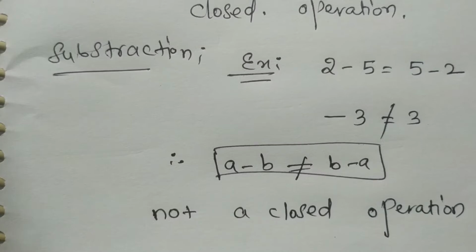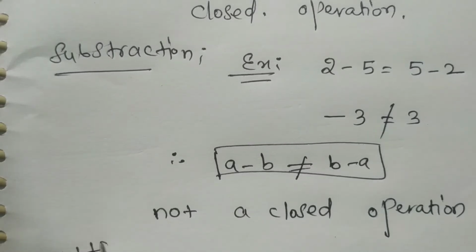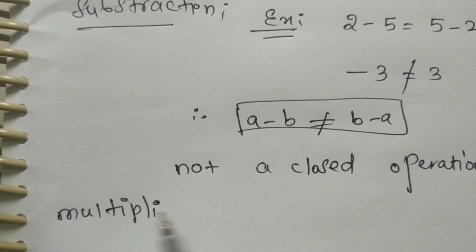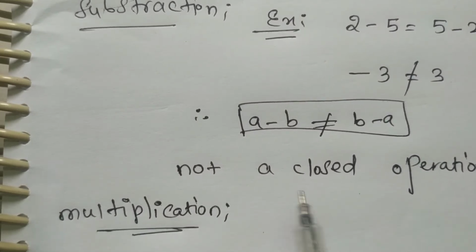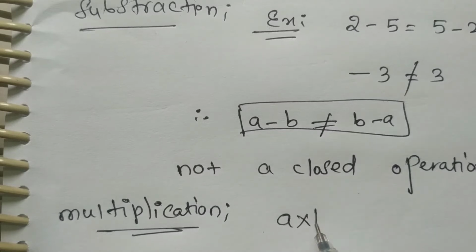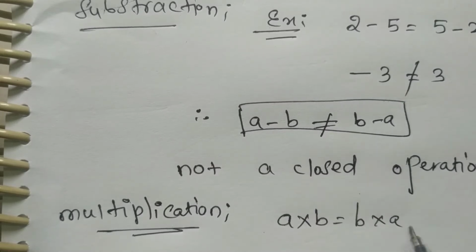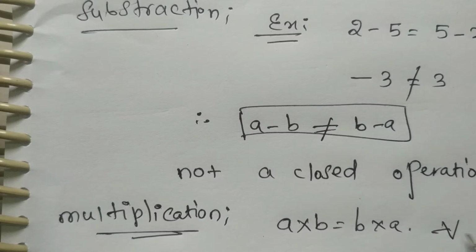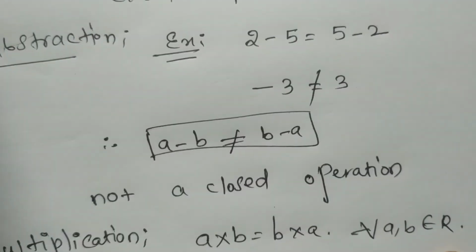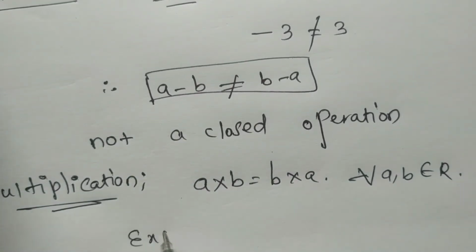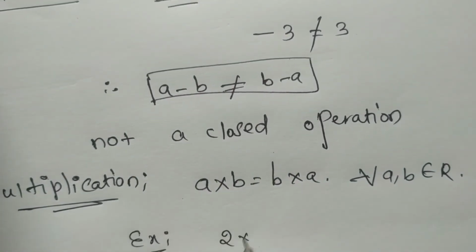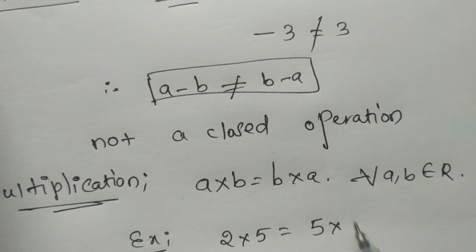So next our property is multiplication. Commutative property under multiplication states that a into b equals b into a, for all a, b belongs to R. Here I am taking the example 2 into 5 equals 5 into 2.